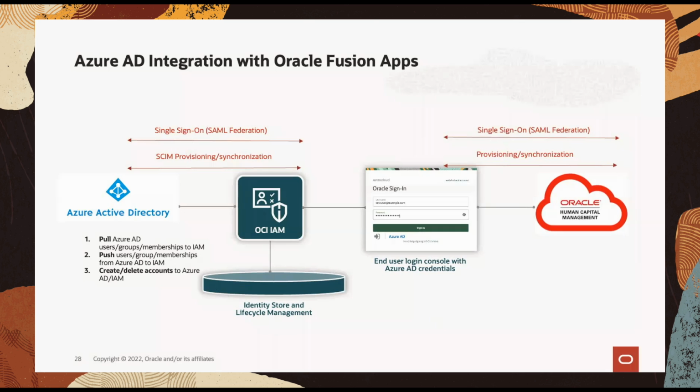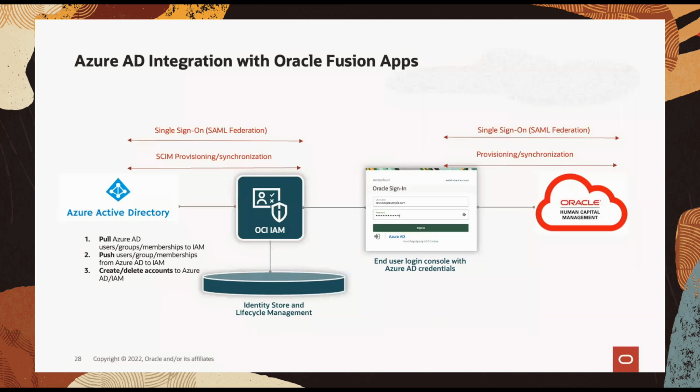So whenever the user hits the HCM URL, he'll be redirected to the OCI IAM page where the user can choose how they want to log into their Fusion application, whether as a local user or an Azure AD user. And once they choose the option, they can key in their credentials accordingly, and they will be inside the HCM or any of the Fusion applications that the user is requesting.